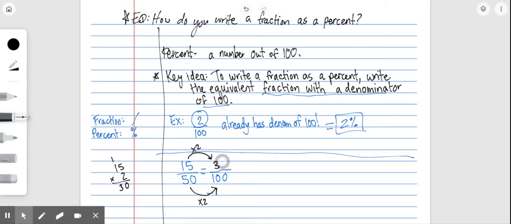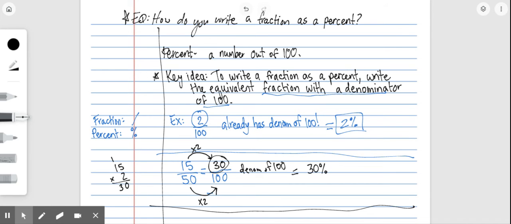So this should be 30 out of 100. And now this has a denominator of 100, which means this can equal a percent. The top number, or the numerator, is my percent. So this is 30%. Okay?